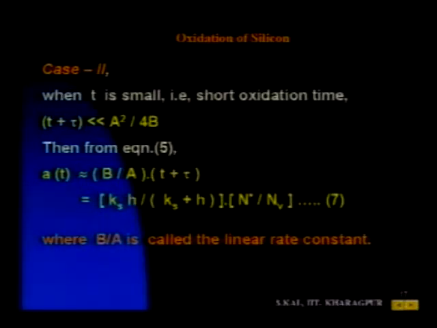But as time increases, oxide thickness increases. So there, who is going to govern? The diffusion mechanism, because the oxidation species, the oxygen or H2O molecule, must diffuse through the silicon dioxide layer. Then they will reach the interface, and then the reaction will proceed.